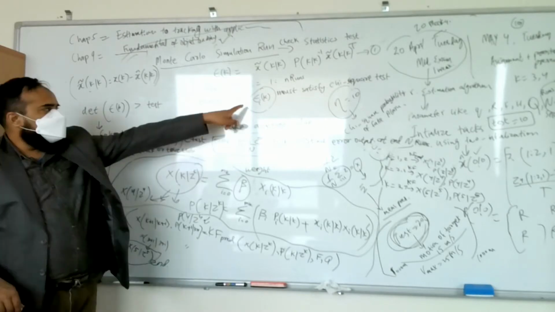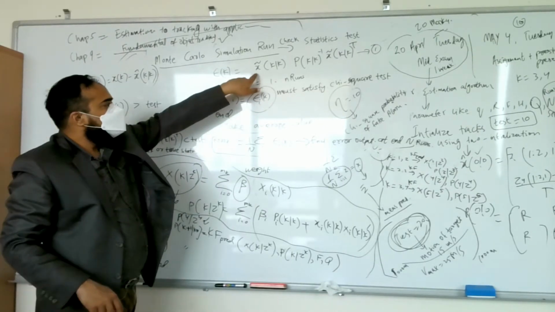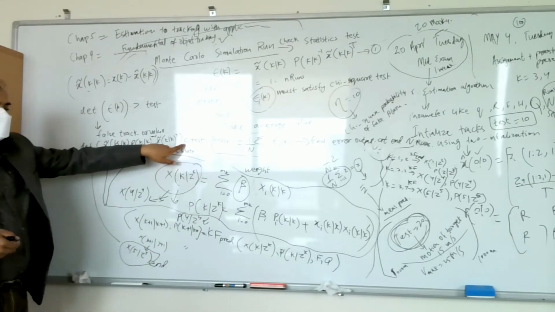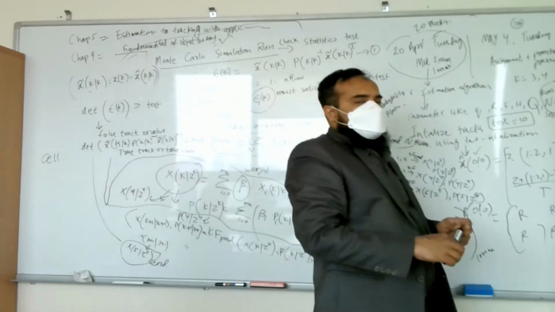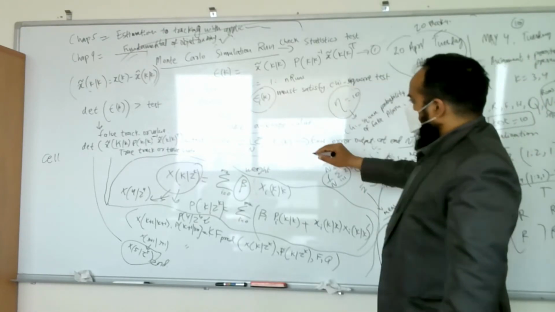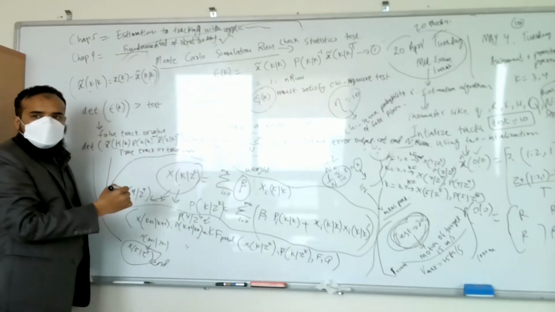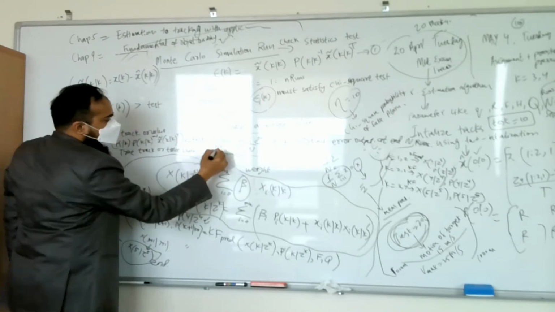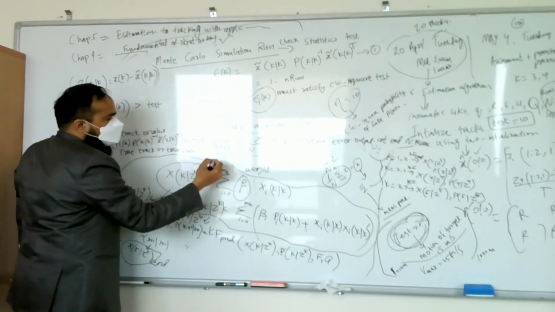So here all values of this epsilon, this equation, are true or satisfying this test. So we said that this is the normalized estimation error squared.